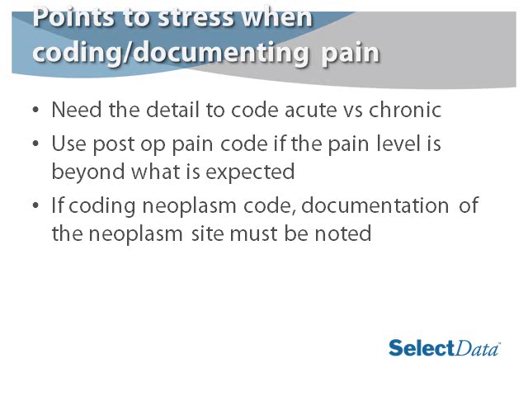So if we're coding post-op pain and the patient says, I didn't expect the pain to be at this level, we should note exactly what did they expect. If we're coding the neoplasm code, we need to document the neoplasm site specifically.